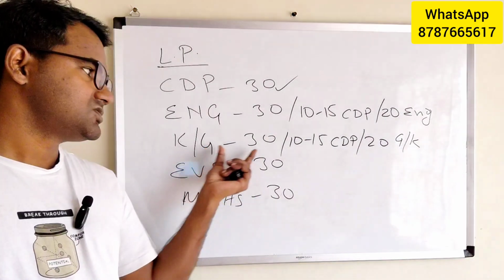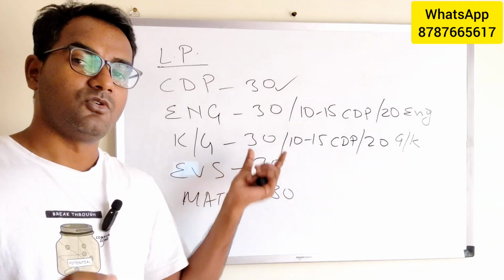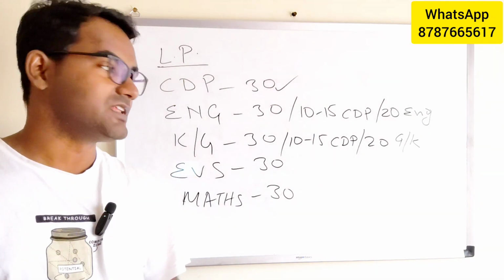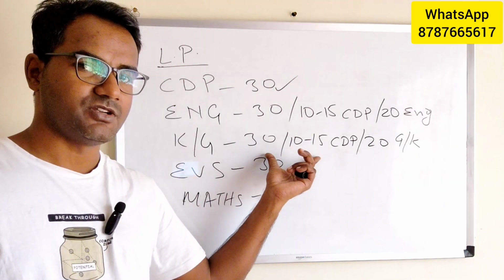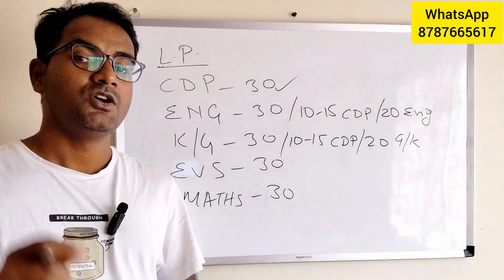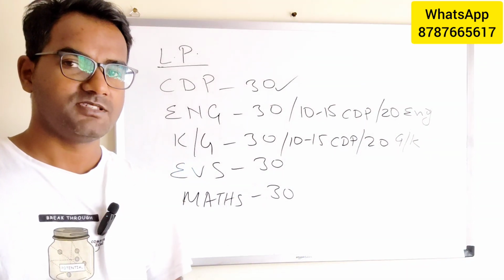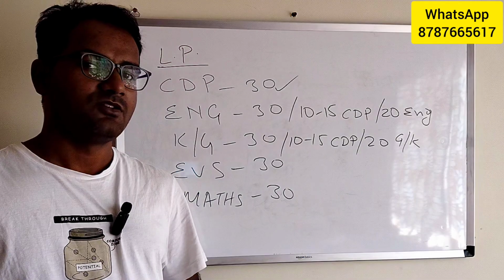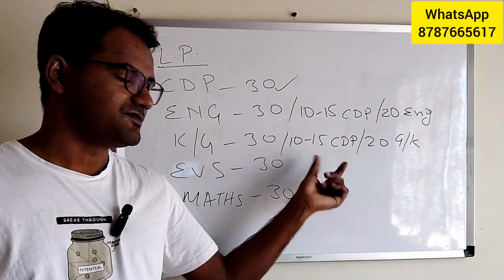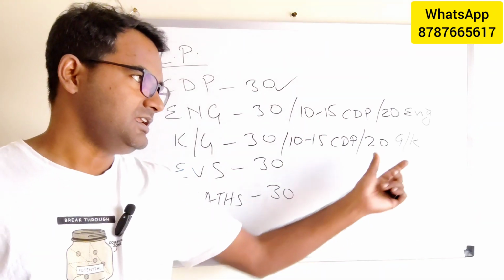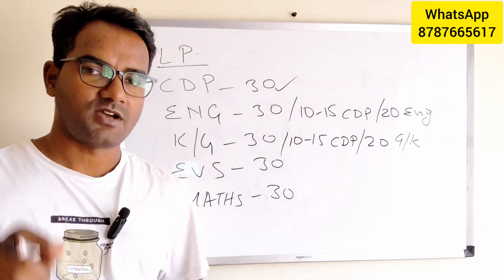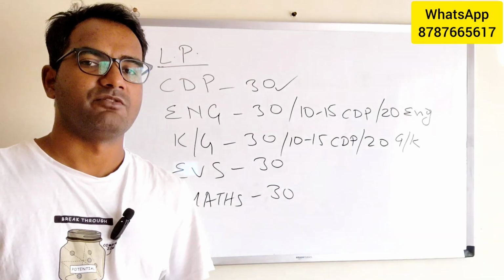So only 15 to 20 questions will come based on the language, like grammar, comprehension and all. The rest, 10 to 15 questions, will be of CDP again, and 15 to 20 questions will be of Khasi or Garo or any language, alright?